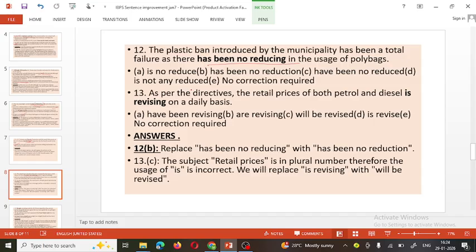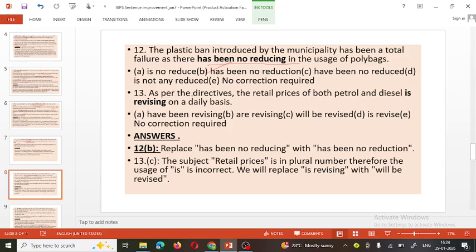We need to replace the highlighted part, and instead of "reducing", we need to use the noun form: "has been no reduction".